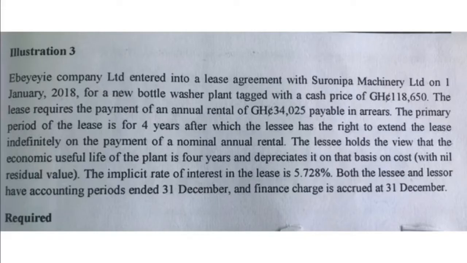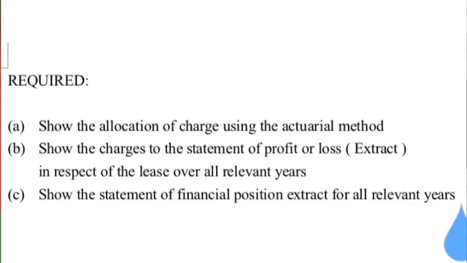The finance charge is accrued at 31st December. Required: A. Show the allocation of finance charge using actuarial method. B. Show the charges to the statement of profit or loss extract in respect of the lease over all relevant years. C. Show the statement of financial position extract for all relevant years.